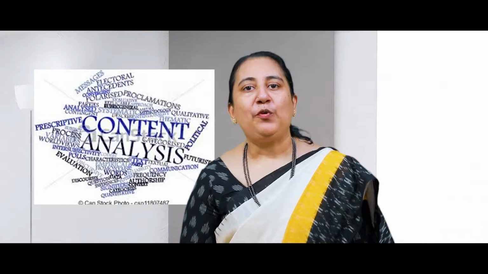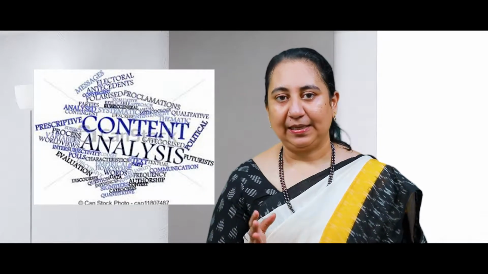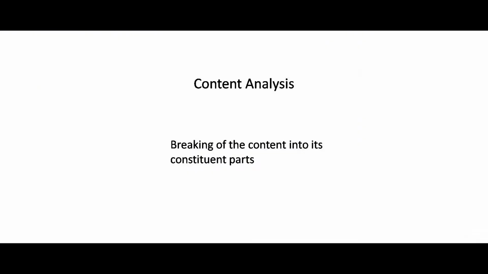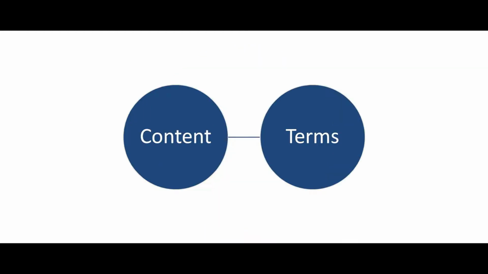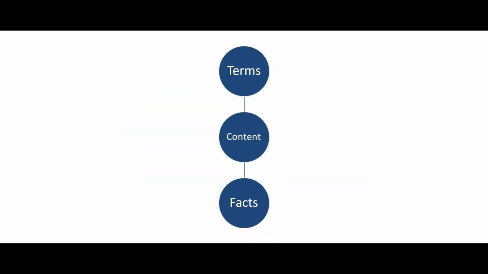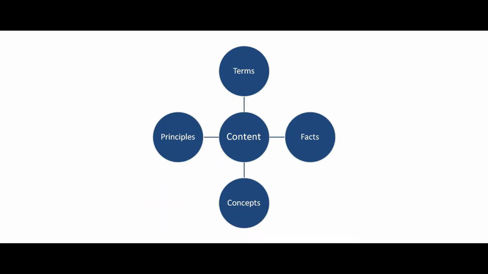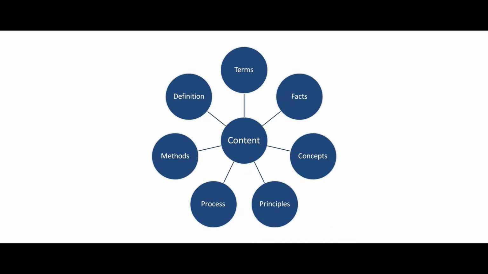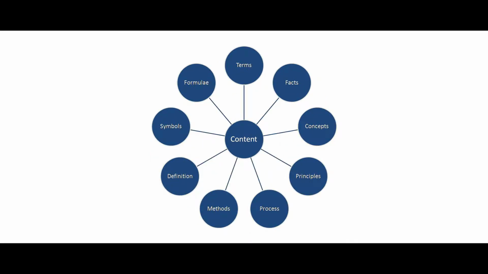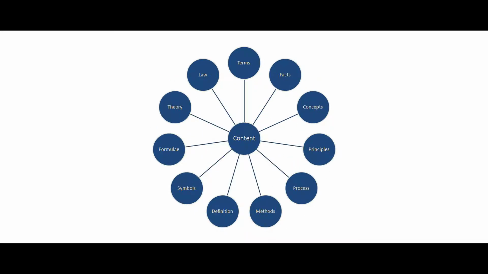Now we will move on to the important topic, content analysis. It is the breaking of the content into its constituent parts. The basic components of the content are terms, facts, concepts, principles, processes, methods, definition, symbols, formulae, theory and law.